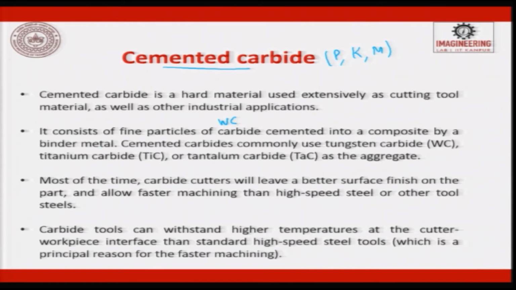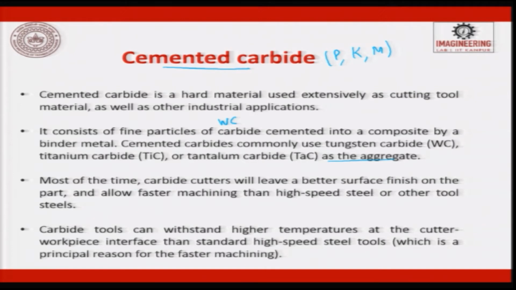Holding this tungsten carbide together is very difficult. You have to apply very high pressure. So, what we do is we add elements like cobalt to it, which will act as a binder to compact. Commonly tungsten carbide, titanium carbide and tantalum carbide are mixed as aggregate, and then we make a cutting tool.